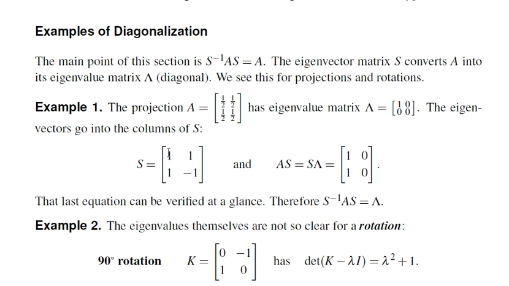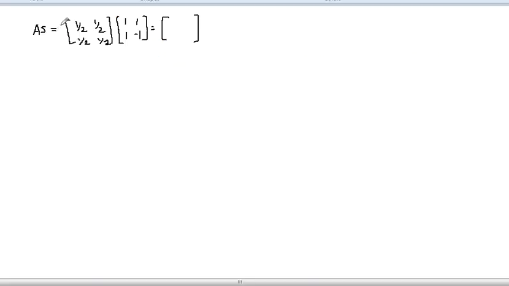Here the given S is this one, 1, 1, 1, minus 1. A is given, and the eigenvalue matrix, meaning the diagonalized matrix, del, is given to us. And we have to prove that AS is equal to S del. We can find A into S. When we write A into S, we get 1 by 2 plus 1 by 2, which is 1.